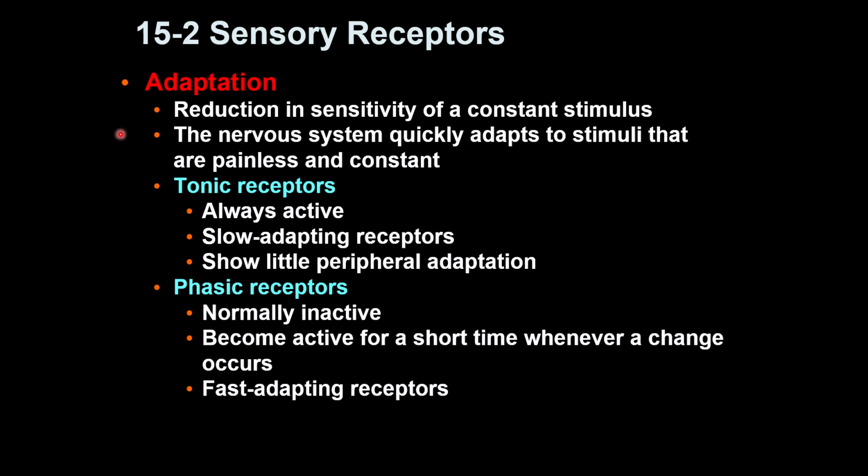Adaptation is that if a sensory stimulus is continuous and painless, then the receptors adapt to it, and you will not feel anything. For example, right now, if you're sitting on a chair, there is still pressure there that you may not feel.